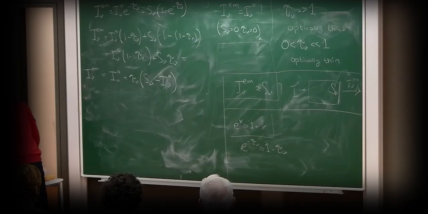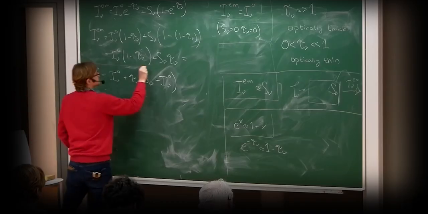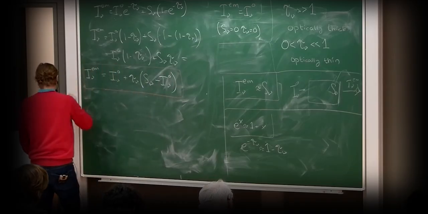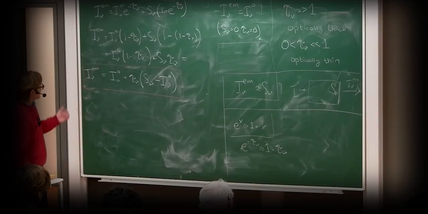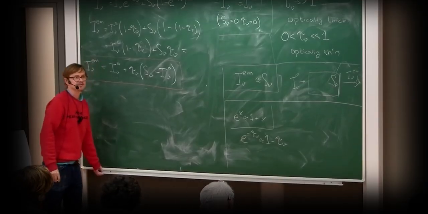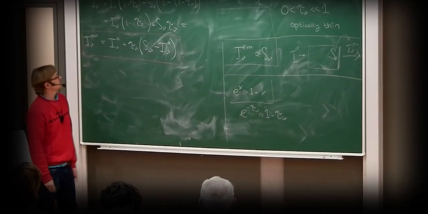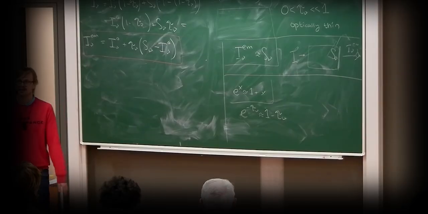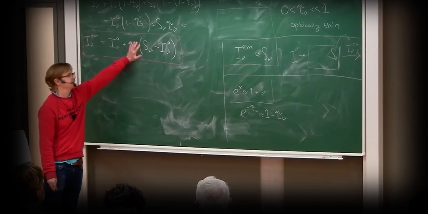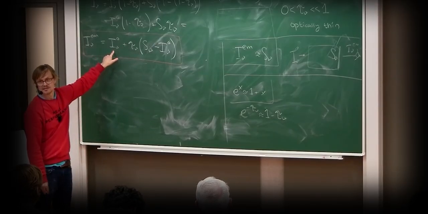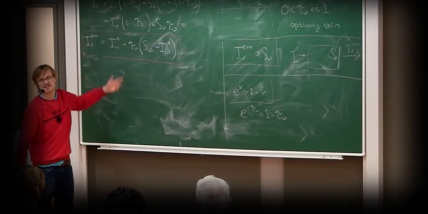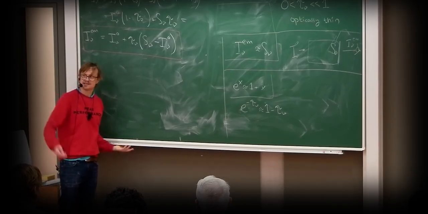Okay, so now it's getting interesting, because here you can have different situations, right? First, of course, if the optical depth is strictly 0, you have nothing here, so it's just the incoming intensity, which makes sense, otherwise we did something wrong.